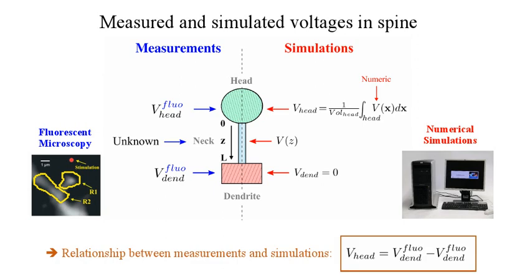So the relationship between the measurement and the simulation will be that the voltage in the head will be the difference of the voltage estimated from the fluorescence in the dendrite minus the voltage recorded in the head. Oh, I'm sorry, V head minus V dendrite.